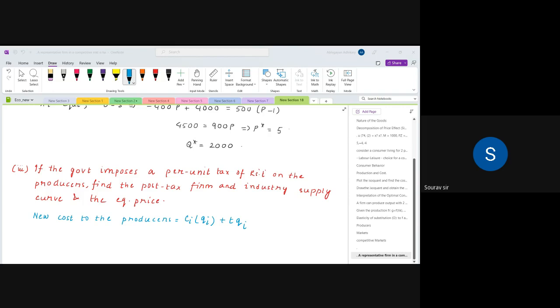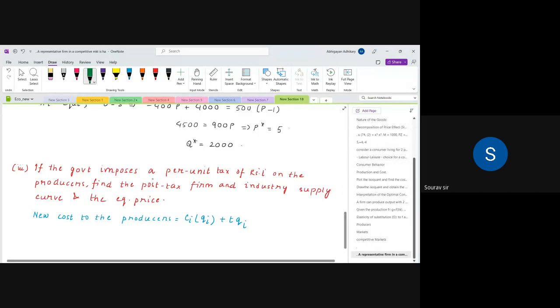So the new cost that the producer has to bear under the post-tax scenario would be the original cost that comes as a part of the production process plus the tax that it has to pay. Right? Can all of you confirm with a yes or a no? Yes. Correct? So this is the new total cost that the producers have to bear. So now with this new cost in mind, the first thing we want to find out is the firm supply curve.